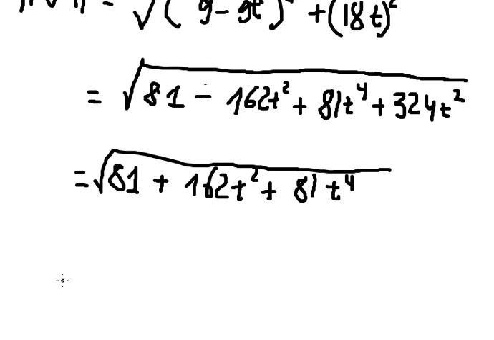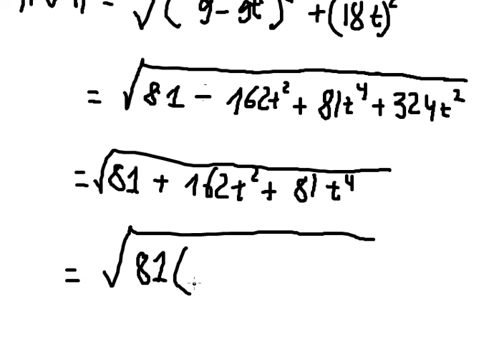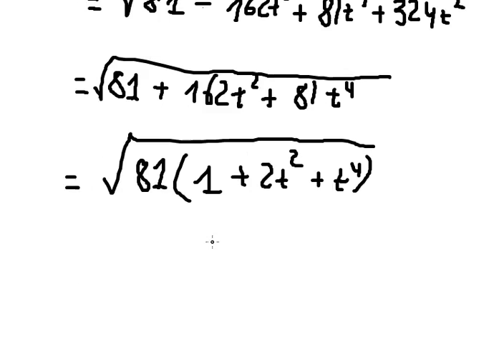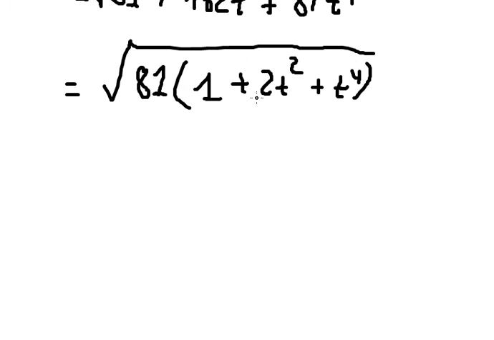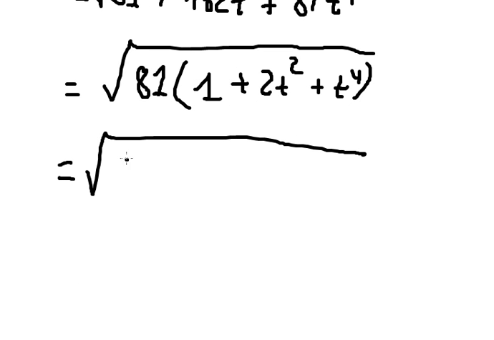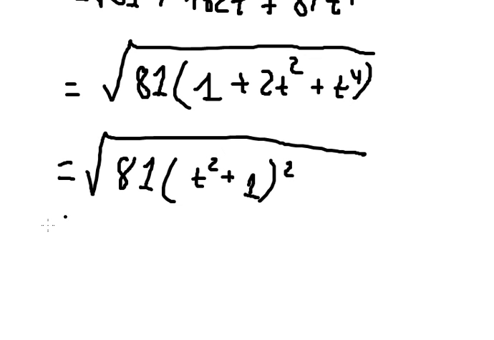Now, if we do factorization, we have 81 times (1 plus 2t squared plus t to the power of 4). This one we can do with identities.